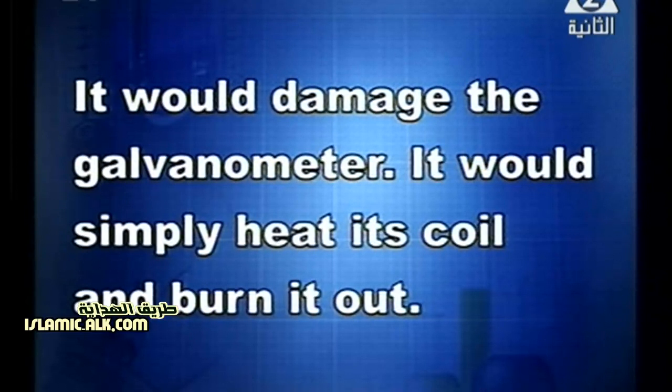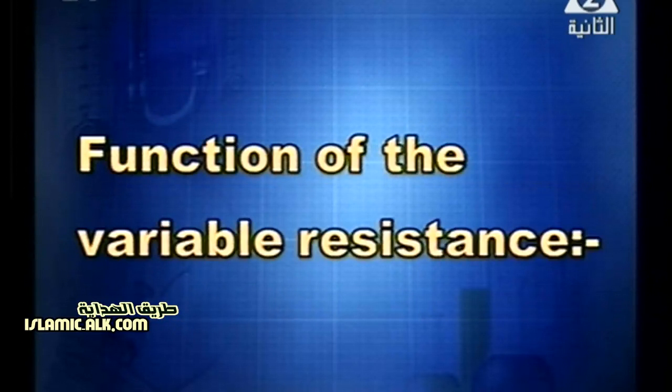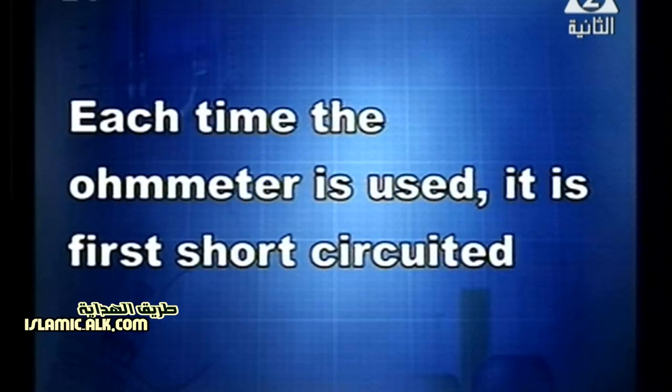And what about the function of the variable resistance? Each time the ohmmeter is used, it is first short-circuited. So each time you want to use the ohmmeter, it should be short-circuited.